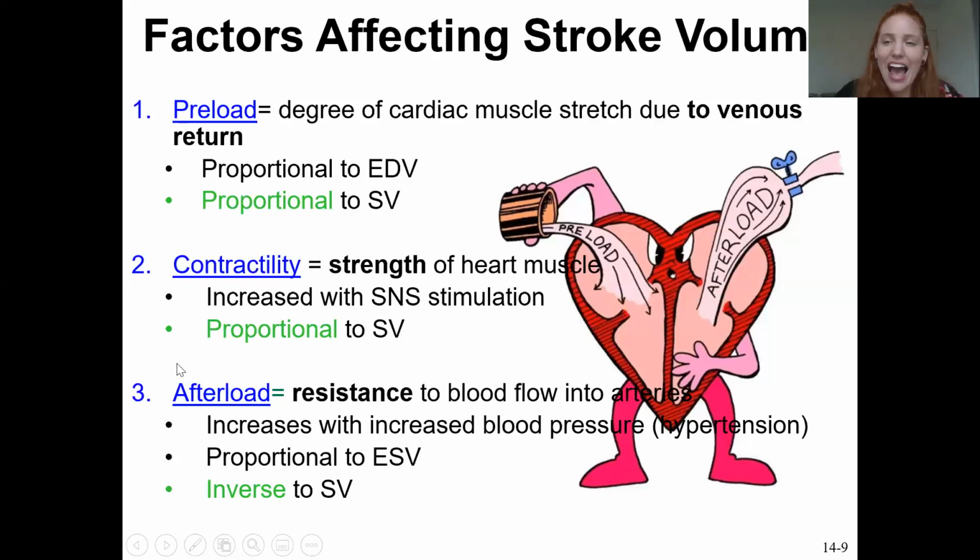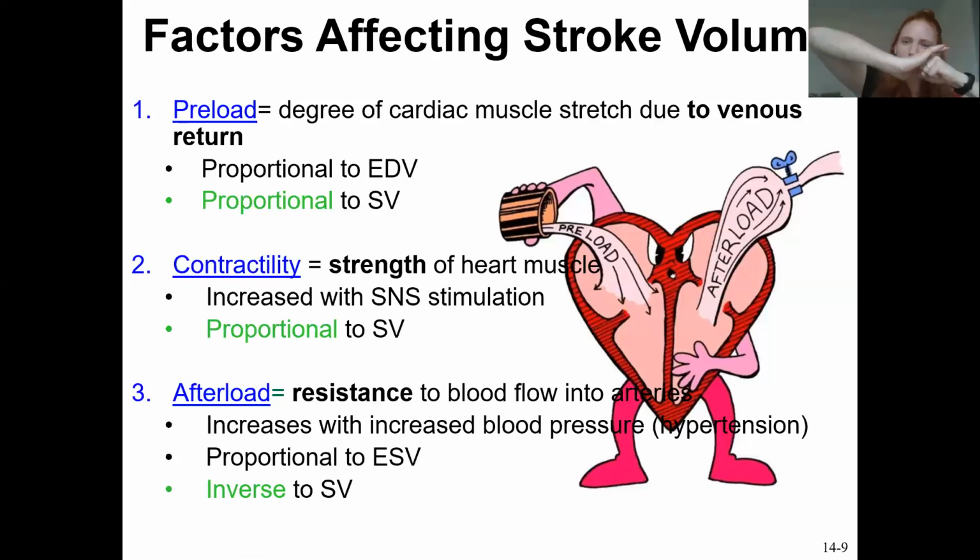Okay, so let's look at afterload. This one is a little bit challenging, so let's pay a lot of attention just now. Afterload is the resistance to leave the heart. I think of it like the pushback. As the heart is contracting, the blood is going to be moving into the arteries, but because of the resistance that's already found in the arteries, such as plaques, atherosclerosis, or high blood pressure, the blood cannot leave easily.